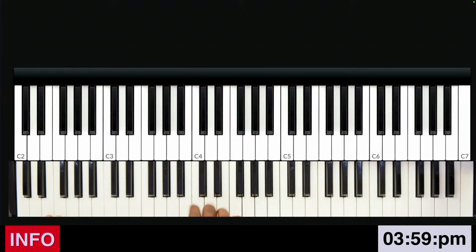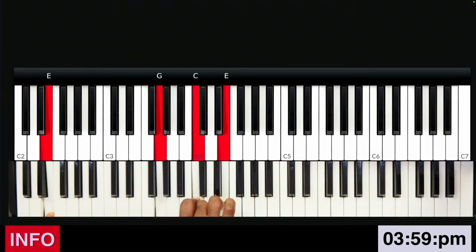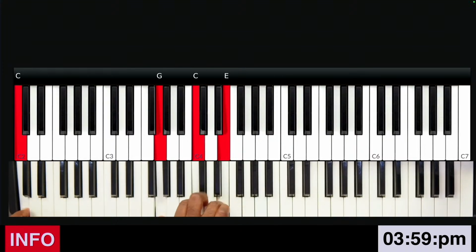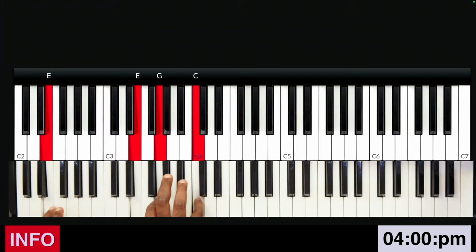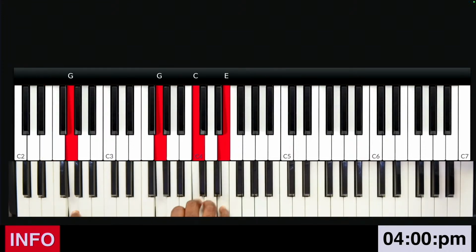So look at this. What inversion is this? With the E on the bass, that's first inversion. With the C on the bass, that's root position. And with the G on the bass, that's going to be called your second inversion.